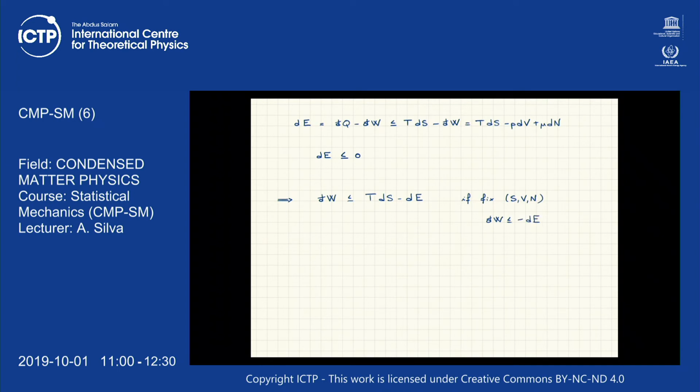So this is the maximum work that the system can do on the external environment. It's a constraint. This sign comes essentially because of our conventions. So you have to keep this in mind.